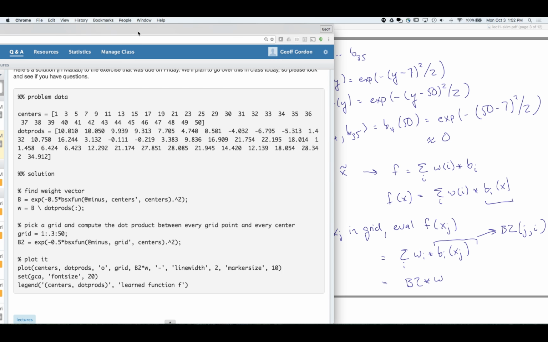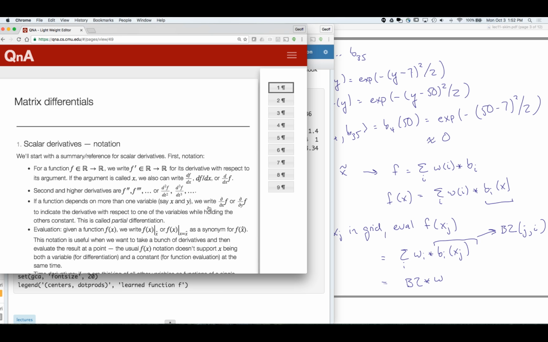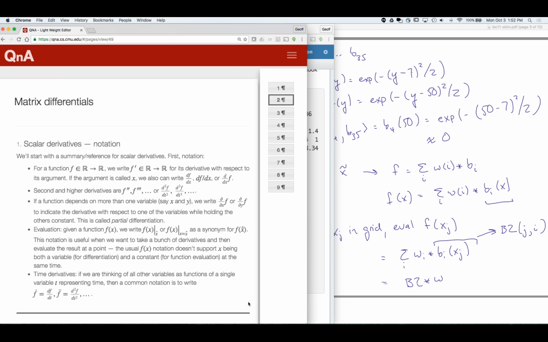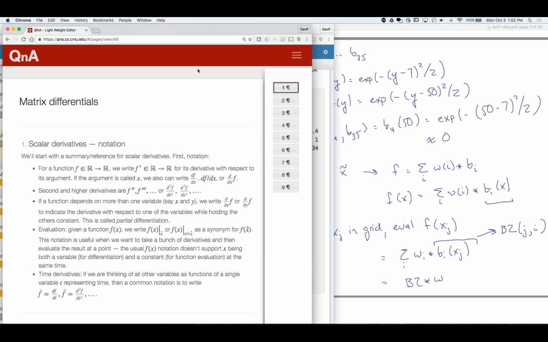All right, so hopefully that helps. And here are our lecture notes that we're going to go through this time. We are done with the segment on linear algebra for a while, and we're going to work now on mixing calculus with linear algebra. So we want to be able to take derivatives of functions that involve matrices.